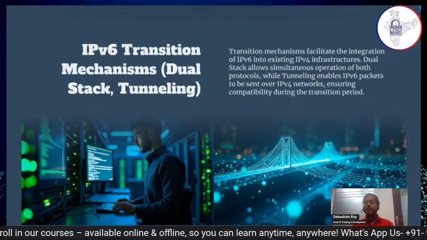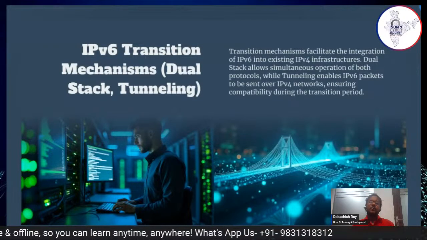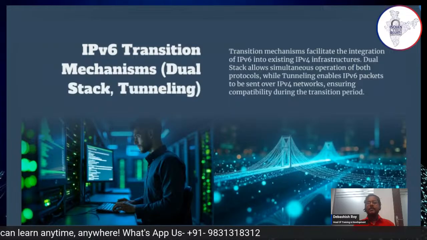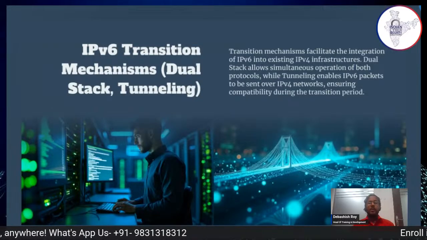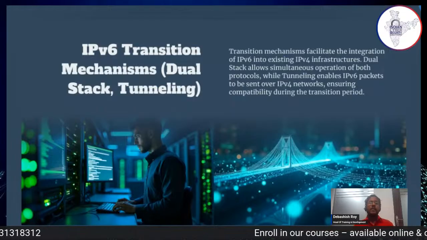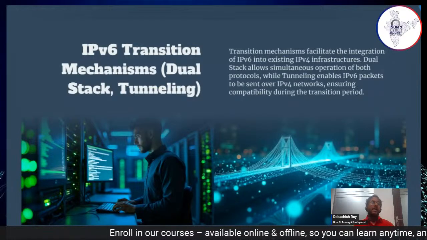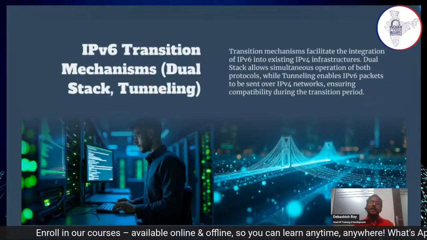Dual stack allows simultaneous operation of both protocols, while tunneling enables IPv6 packets to be sent over IPv4 networks. So IPv6 was not fully developed then. There were IPv4 networks, but IPv6 packets can be sent over them, like IPsec over GRE, if you say like that.